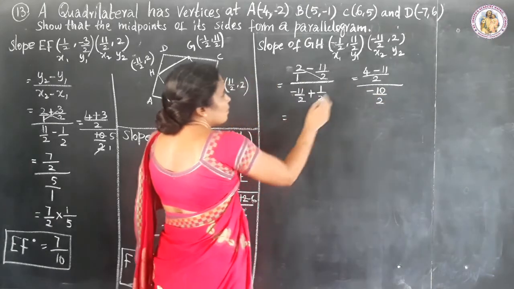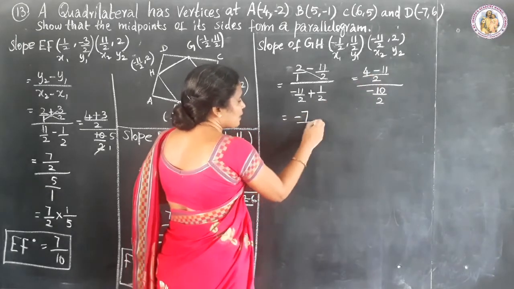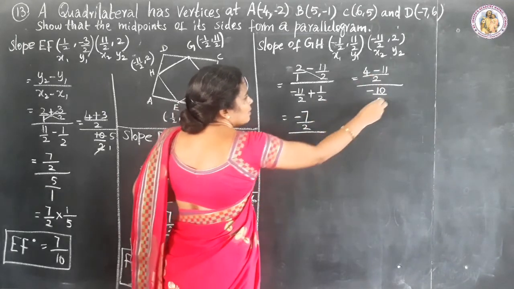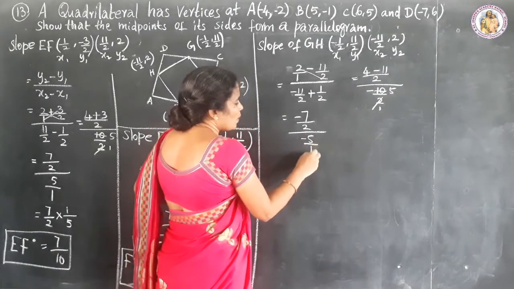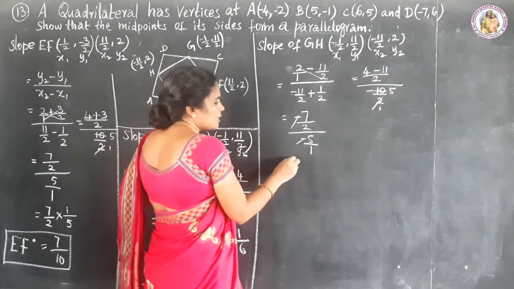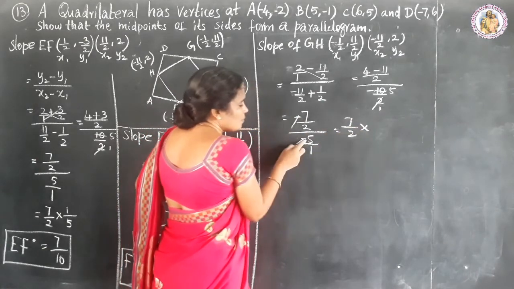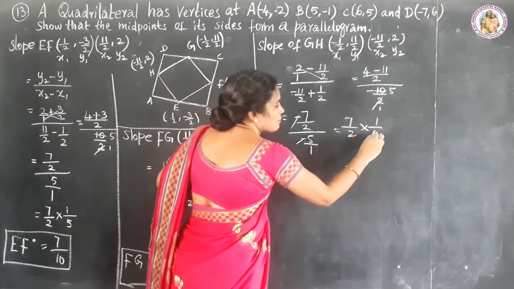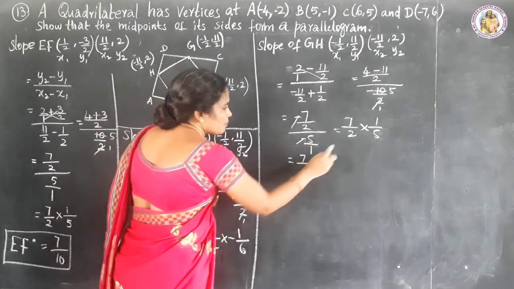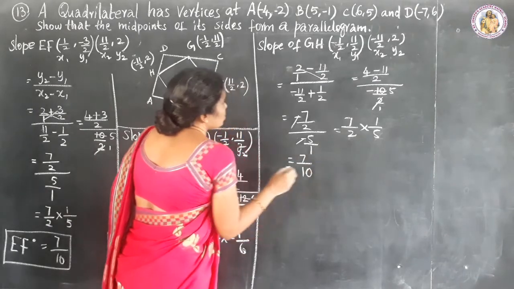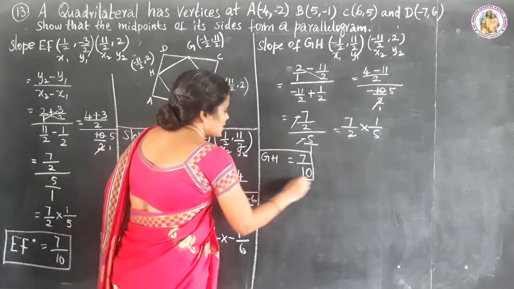Okay, now 11 minus 4 is 7, and 11 is greater, so minus 7 by 2 divided by 2 ones are 2, 5 twos are, minus 5 by 1. So minus minus cancel. The next step, 7 by 2 into 5 by 1 is 1 by 5 as it goes for reciprocal. So 1 sevens are 7, divided by 5 twos are 10. So slope of GH is equal to 7 by 10.